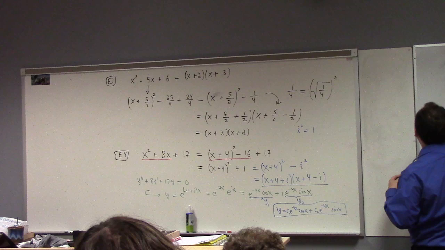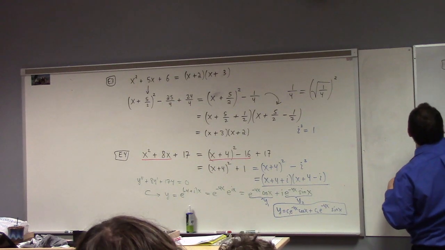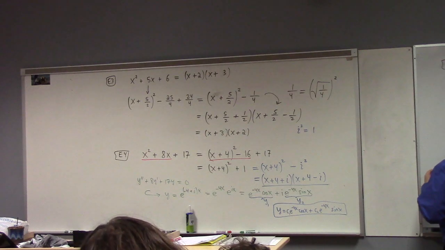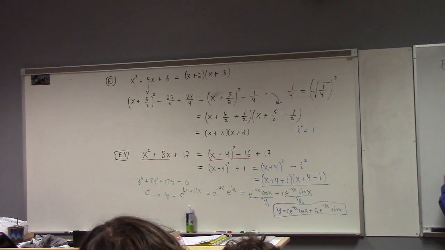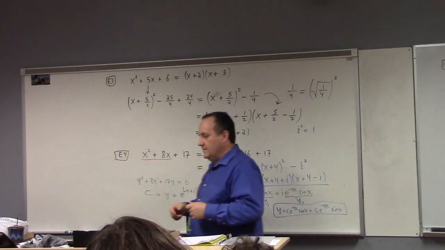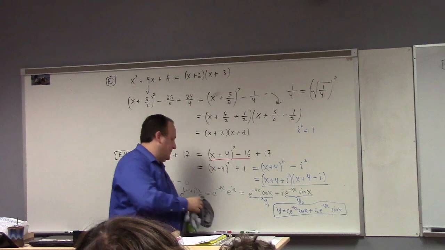Oh man, example 5. Suppose I had x cubed plus 6x squared plus 9x. How would I factor that? Now this is a cubic, right? This is something new.